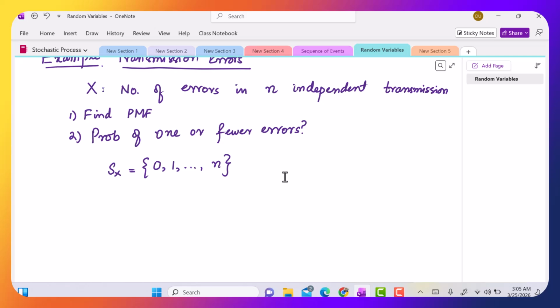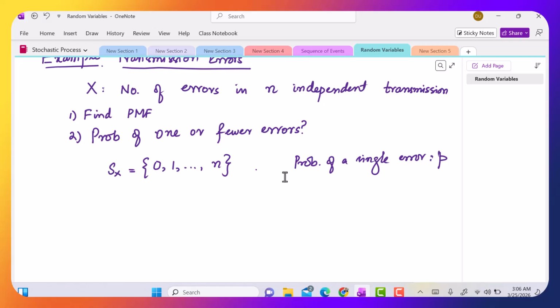Now, we are also given that for any bit, the probability of a single error is given as small p. So small p denotes the probability of a bit error.